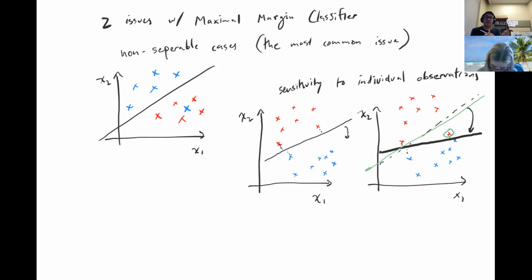But importantly, it also reduces the sensitivity of your hyperplane position to individual observations, because it allows you to violate that maximal distance in the optimization. Okay. Any questions about this so far?